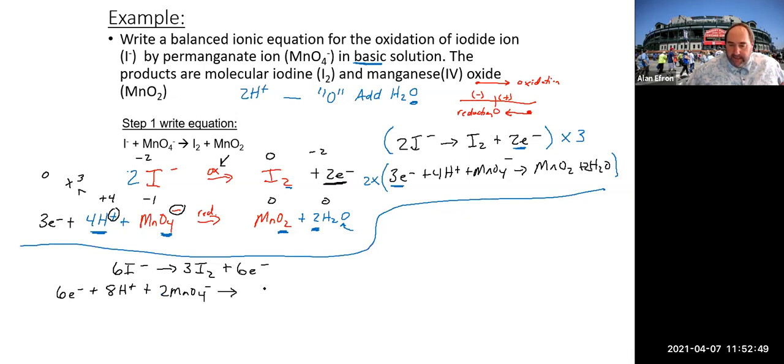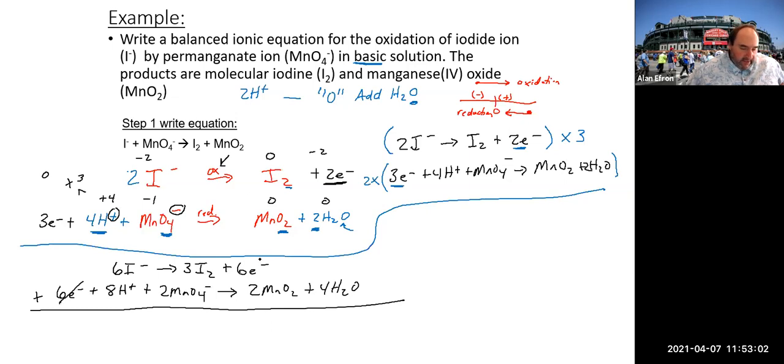And coming on the other side there, 2 MnO2 plus 4 waters. At this point, the electrons should always cancel out. They should always be on opposite sides of the arrow. And anything else that could cancel, we could cancel, but it doesn't look like there's anything else.